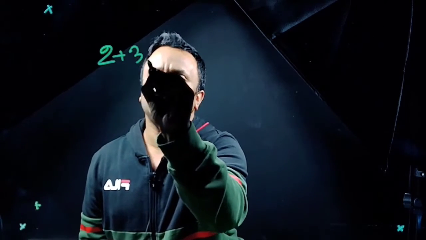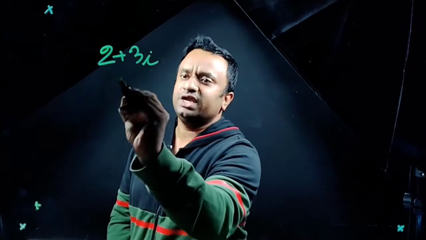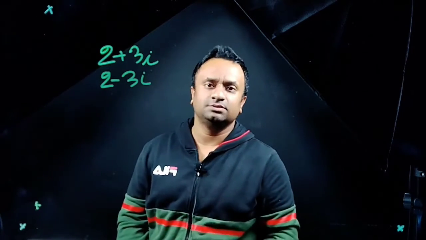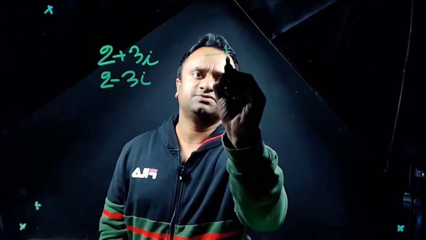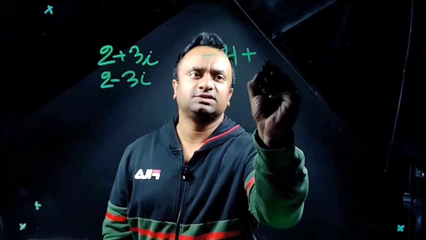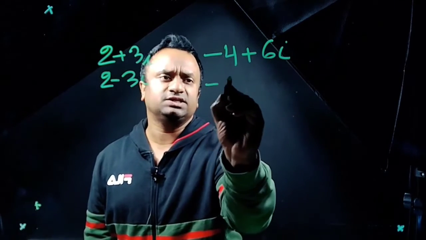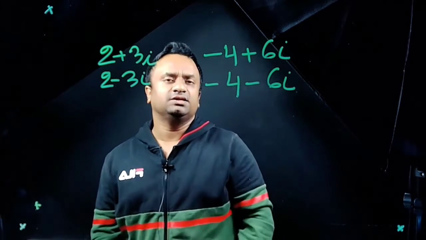Now we are going to learn about the complex conjugate. If 2 plus 3i is a complex number, then its complex conjugate is 2 minus 3i. If a complex number is minus 4 plus 6i, its complex conjugate is minus 4 minus 6i.